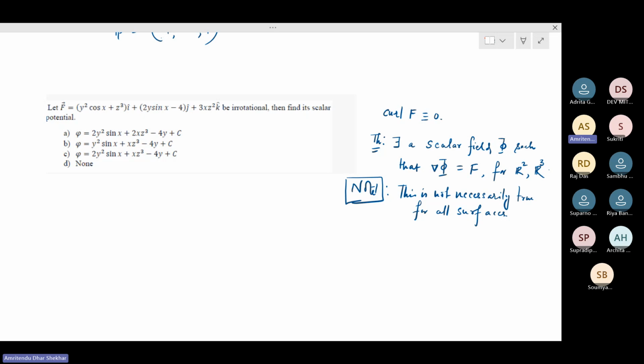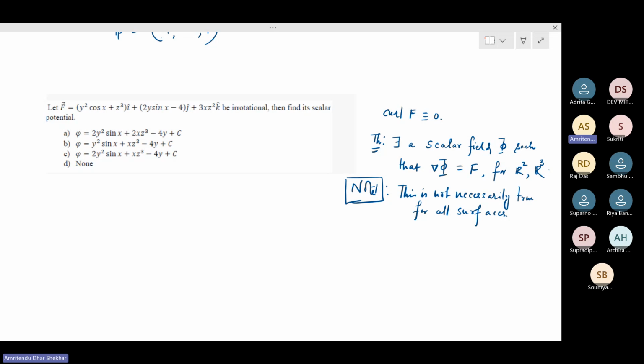But essentially, if the first de Rham cohomology of the surface, or the manifold in general, is 0, then you can say that every vector field that satisfies this property, that curl of f is equal to 0, must necessarily come from a scalar field. We must necessarily have a scalar potential backing that field.